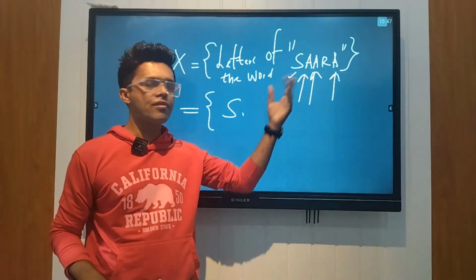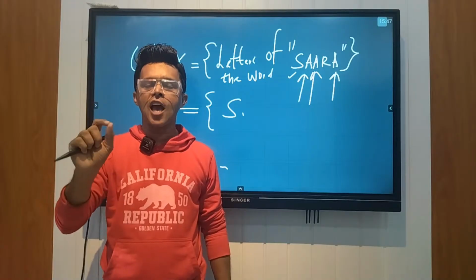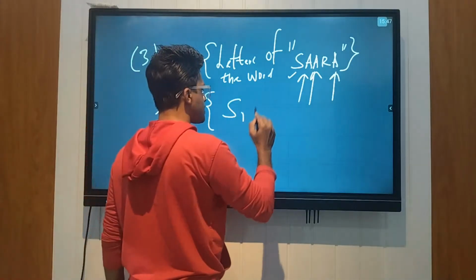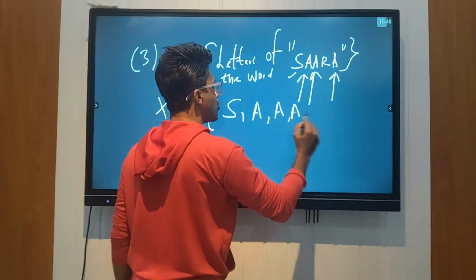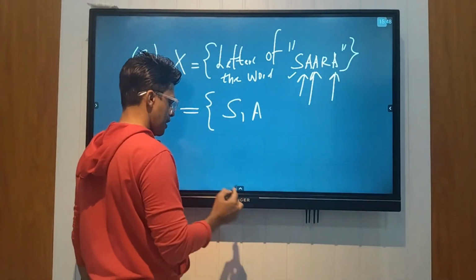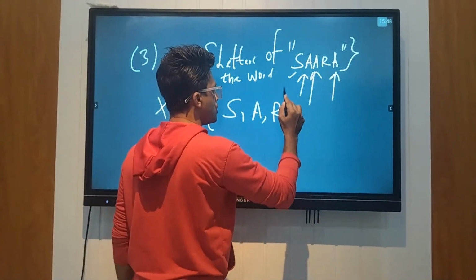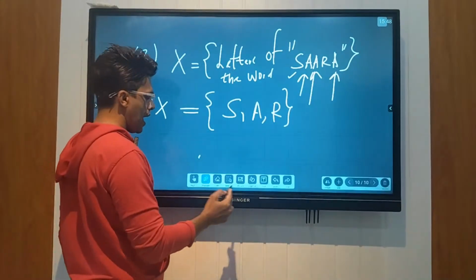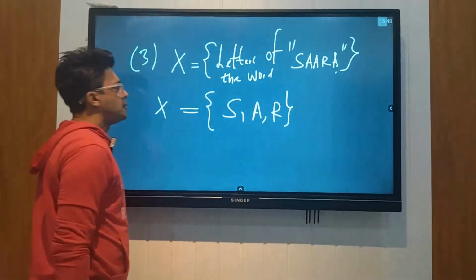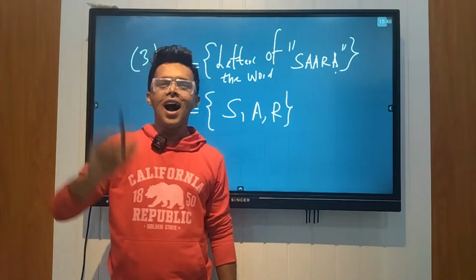Although the letter A is written 3 times, we do not take it again. Only one time we write the letter A. We do so every time. So A and R are also written as elements of the set X. The letters of the word Sarah: S, comma, A, comma, R.